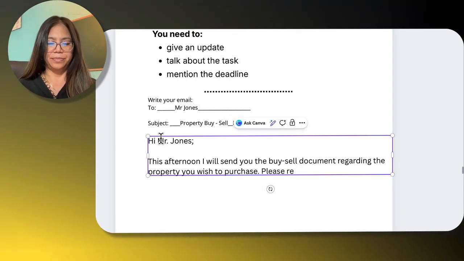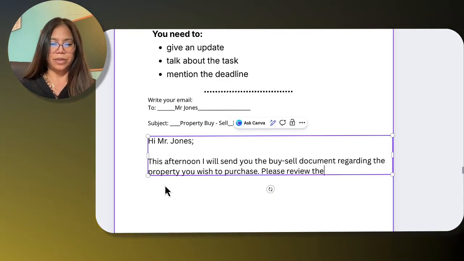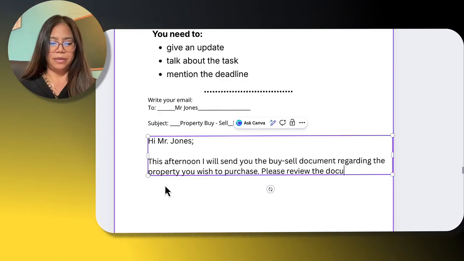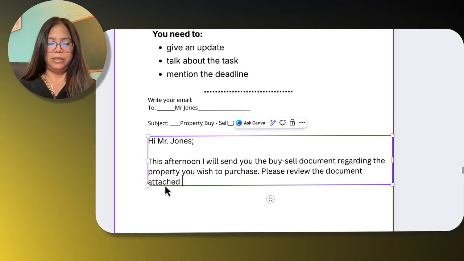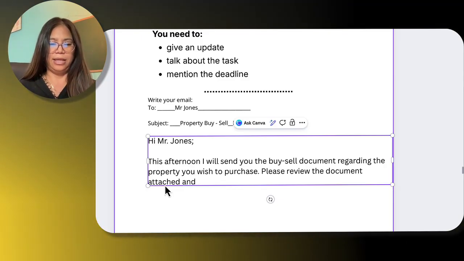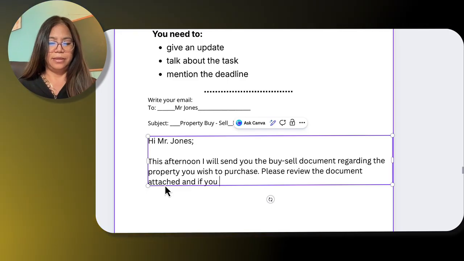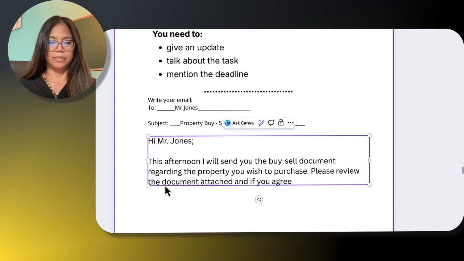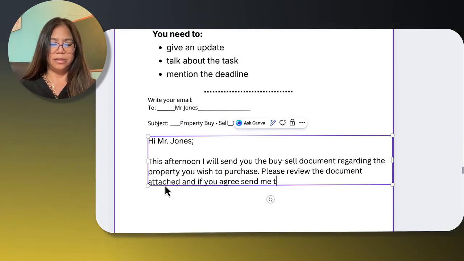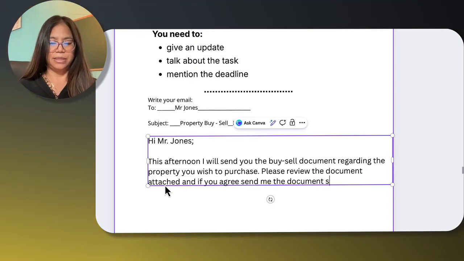Please review the document attached, and if you agree, send me the document signed.